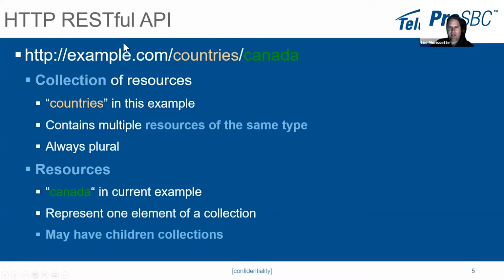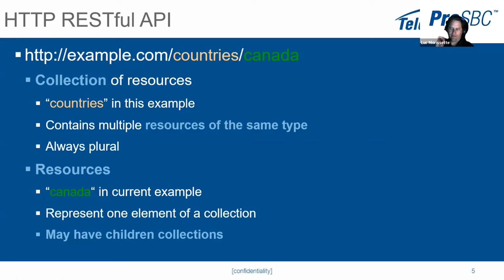The RESTful API uses collections and resources. So when you access a particular collection, for example, countries here, you will have multiple resources of the same type. So these collections are information that are static in the system.